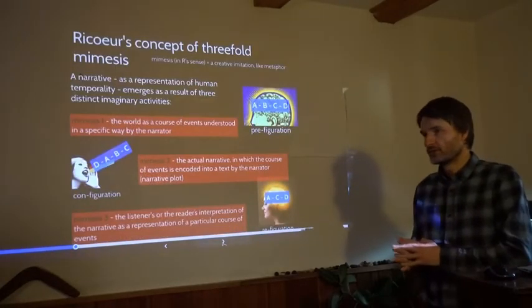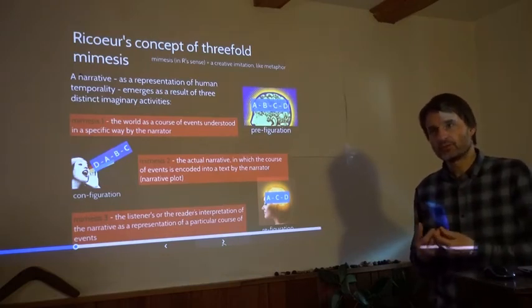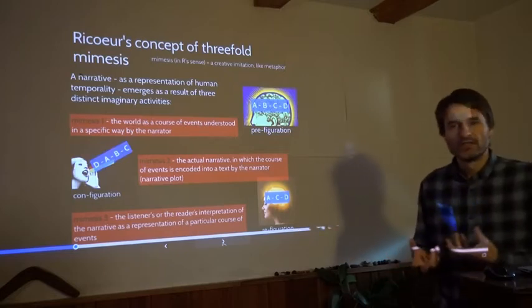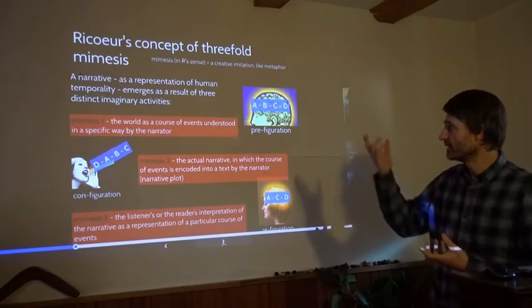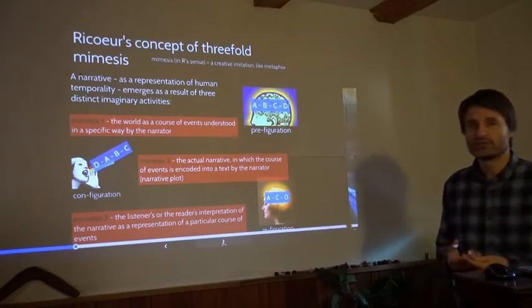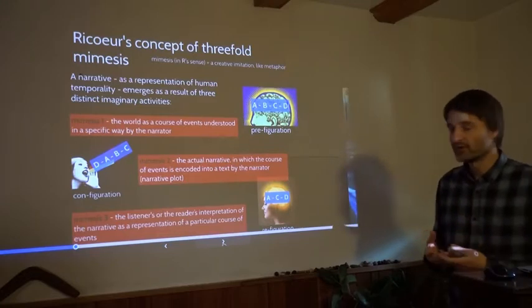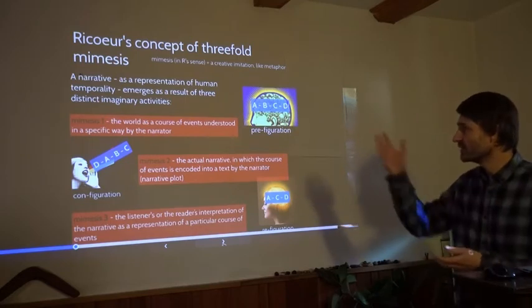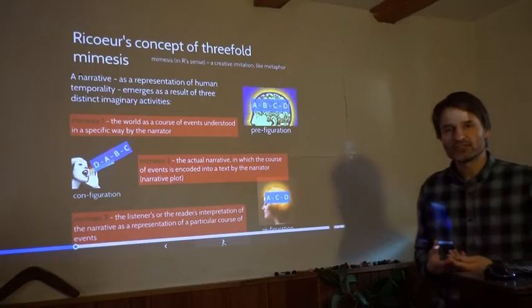And to capture what happens with time in narrative, Paul Ricoeur developed a concept of threefold mimesis. Mimesis is a Greek word, and in Ricoeur's sense, mimesis means a creative imitation, like metaphor.